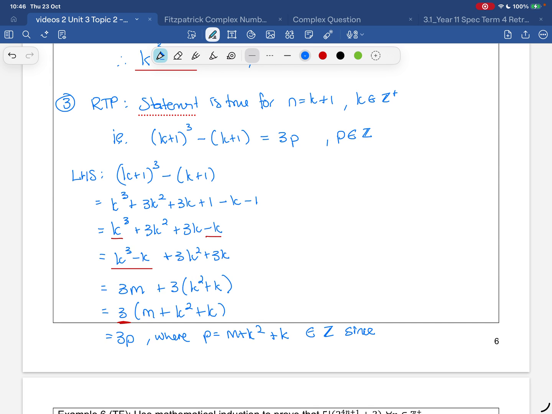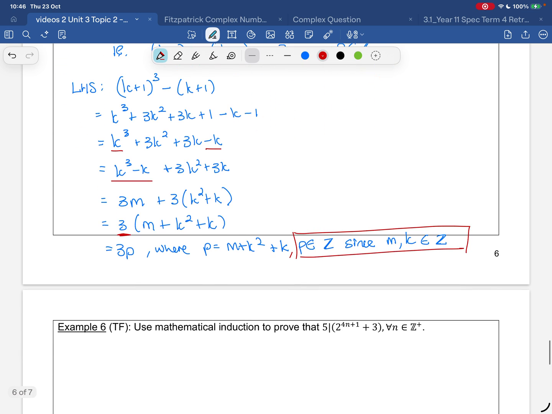P is an integer because m and k are both integers. Okay, this is an important statement to write. And so I can say that's equal to my right hand side.